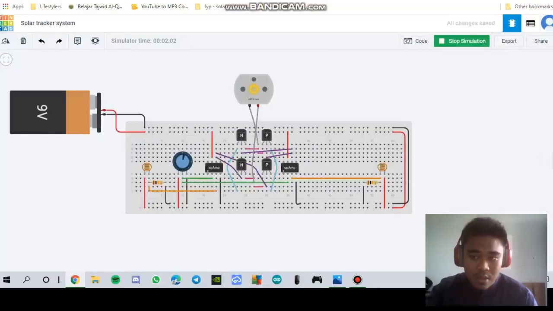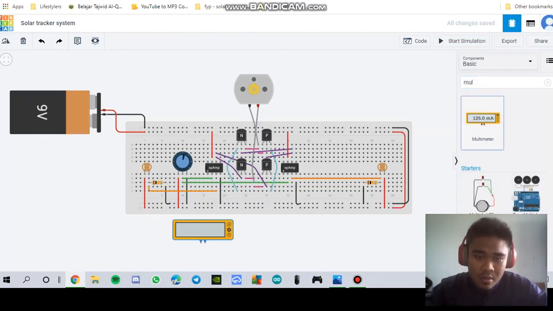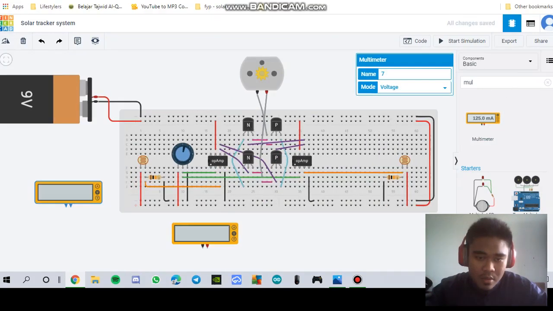Let's see the voltage at these terminals.